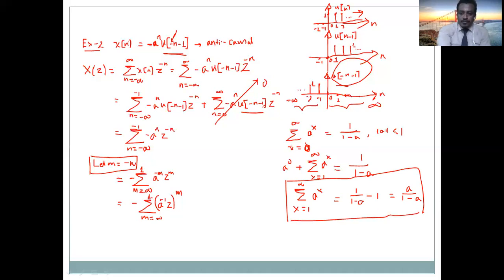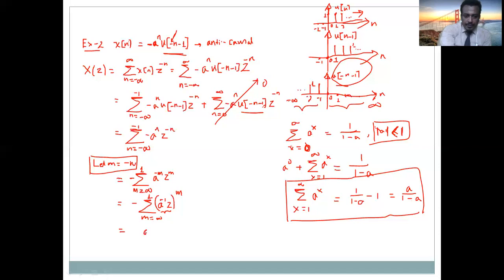But you have to keep in mind that for this power series to converge, the absolute value of a must be less than 1. If it is greater than 1, our power series will diverge. So the summation m from 1 up to infinity will be a divided by 1 minus a.